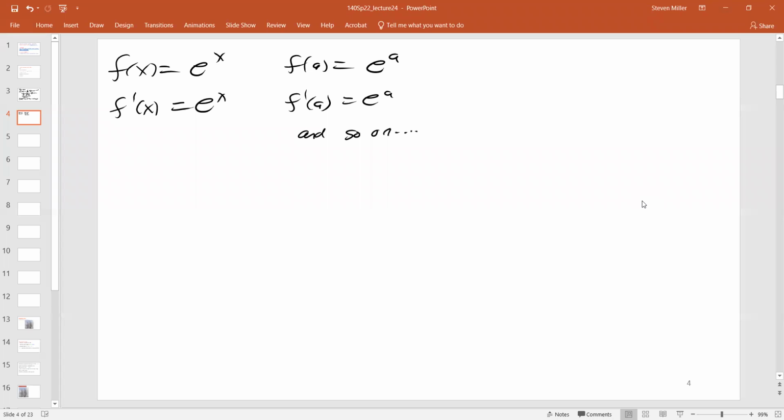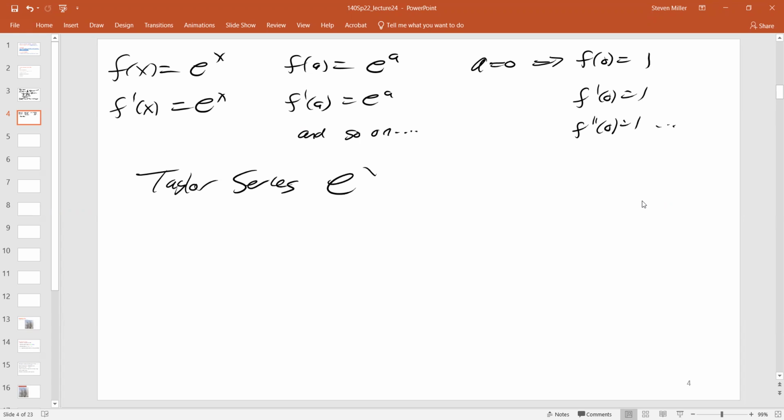And so if we take a equals 0, that gives you f of 0 is 1, f prime of 0 is 1, f double prime of 0 equals 1. And it leads to the Taylor series e to the x is 1 plus x plus x squared over 2 factorial plus x cubed over 3 factorial, and so on and so on. So whatever function I give you, we just have to start doing derivatives and put things together.